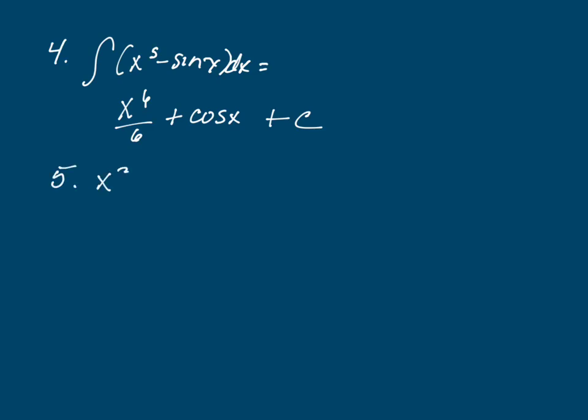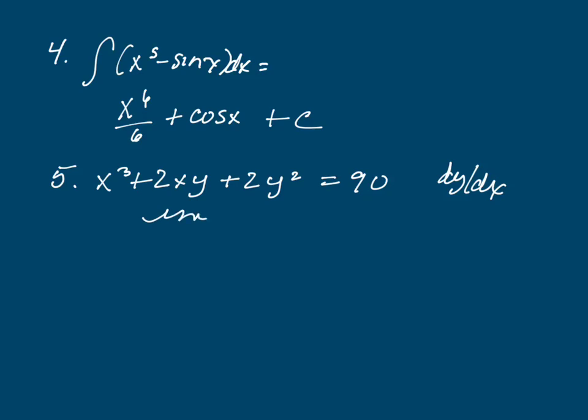Next one is x cubed plus 2xy plus 2y squared equals 90. They want you to find dy/dx, the derivative in terms of x. So we don't have the derivative in terms of y, so everywhere there's a y, it's got to go to y prime, right? This is implicit, and they didn't say that, you just have to know it. So we go 3x squared, that would be normal. Now we have a product rule for the next one.